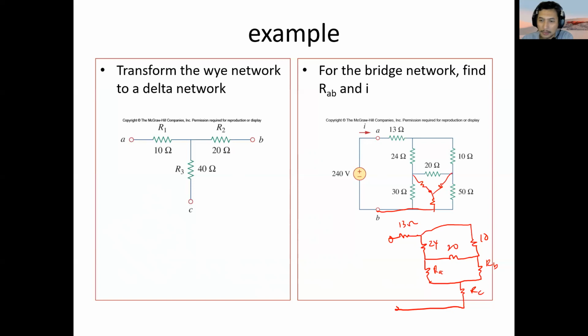Oh, still not possible. I need to transform both, the top and the bottom. So this one will become like this, and then connect with the bottom side.